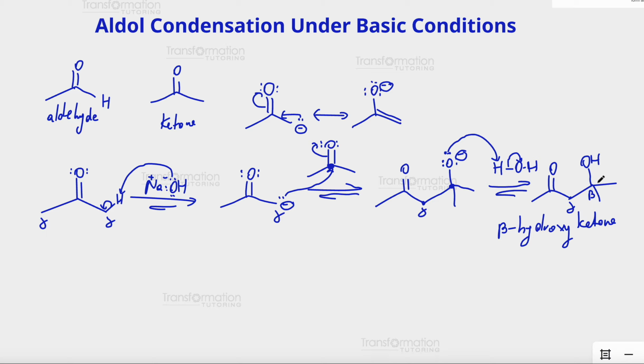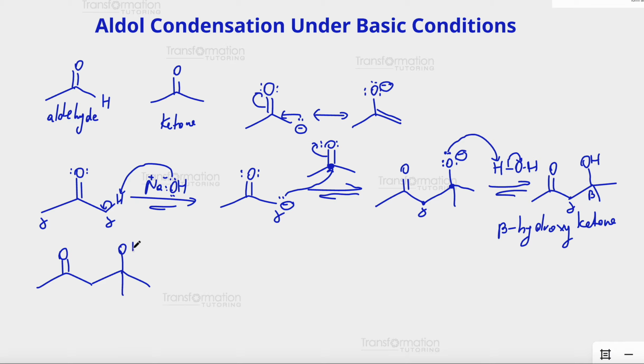If we see a beta hydroxy ketone, then we know that we have a product of aldol condensation. Now, usually this product continues to become another product. So let's go ahead and redraw it, or maybe let's redraw it here.